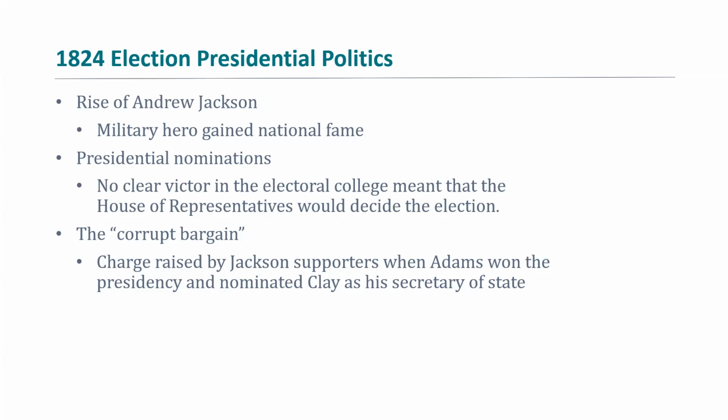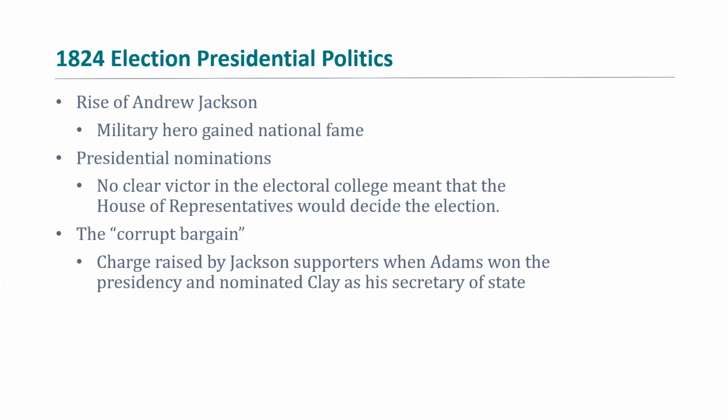The guy who ultimately wins in 1824 is John Quincy Adams, son of John Adams, a founding father. So you could make an argument that we have sort of an elitist ruling class already occurring around this time. But Jackson becomes sort of a prominent man of the people, for lack of a better term.